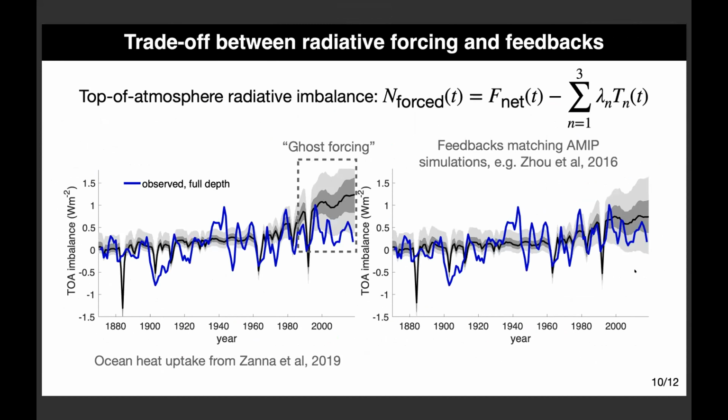So it still suggests that running this inversion with priors and feedbacks from the coupled models is going to drag the radiative forcing towards more negative values as it tries to match the end points.